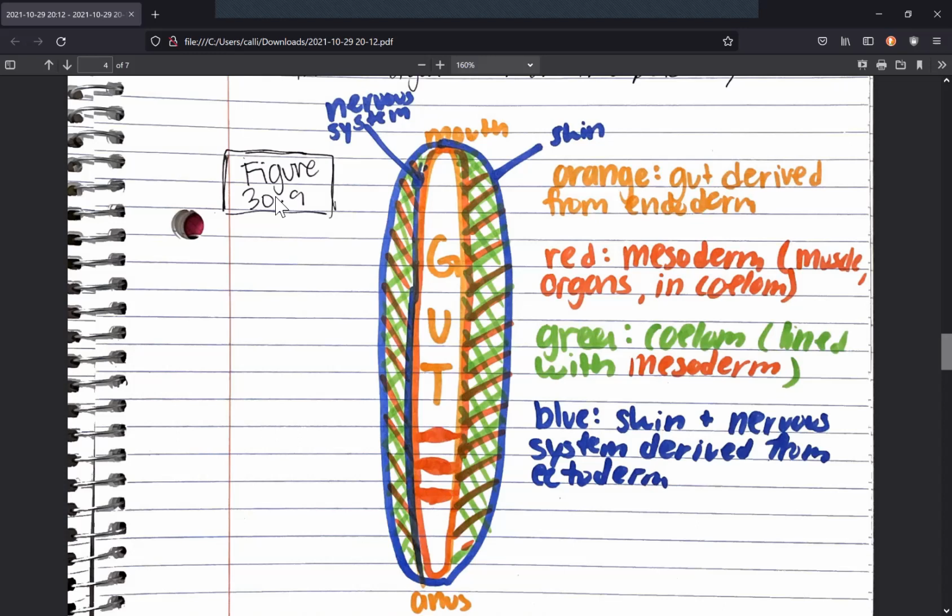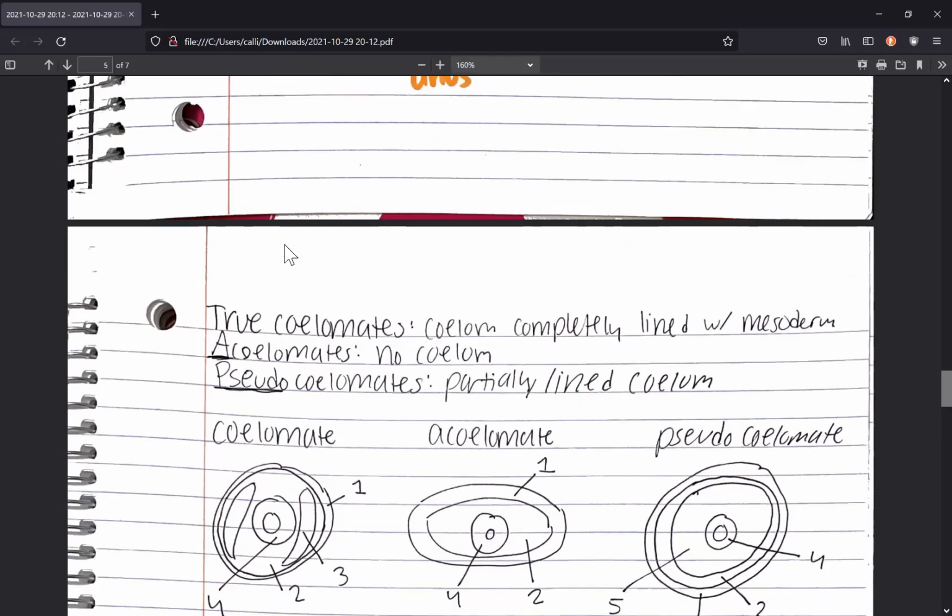You probably have gathered that already by my other drawings, but just go back to figure 30.9 and you'll see a more anatomically accurate depiction of an earthworm. It might be a lot easier for you to understand, but this is a really important topic to understand the different ways animals are shaped, organized, structured, you name it.